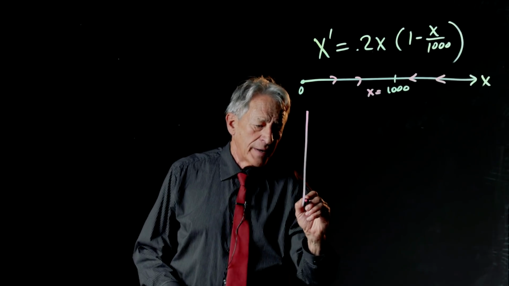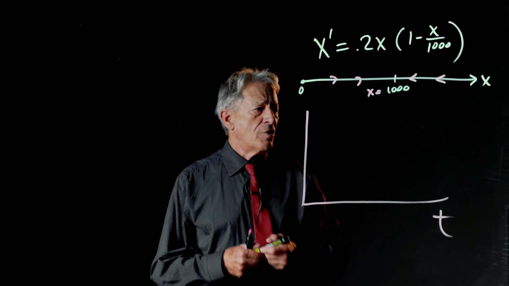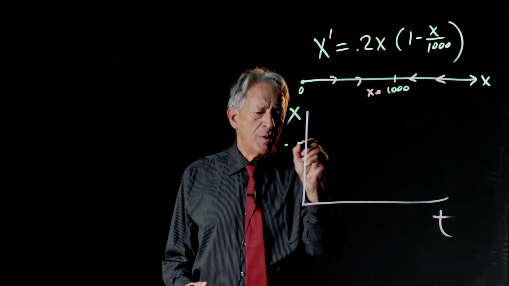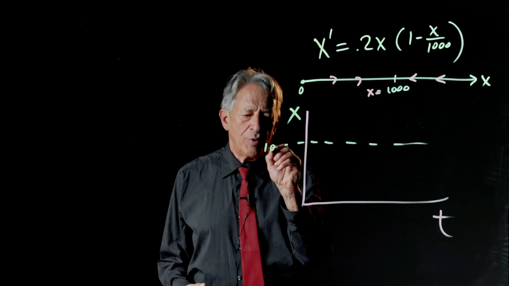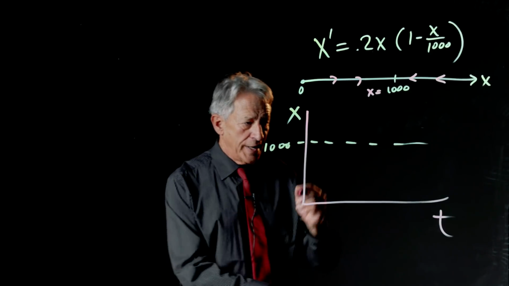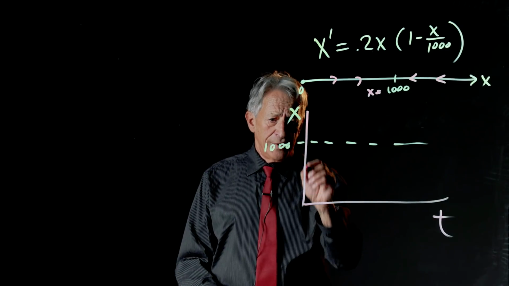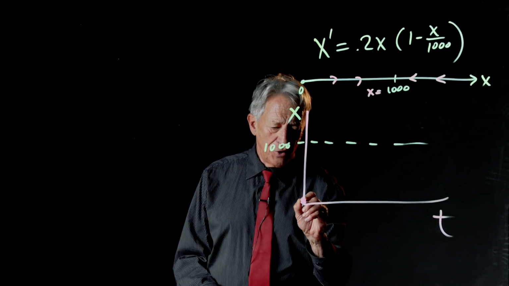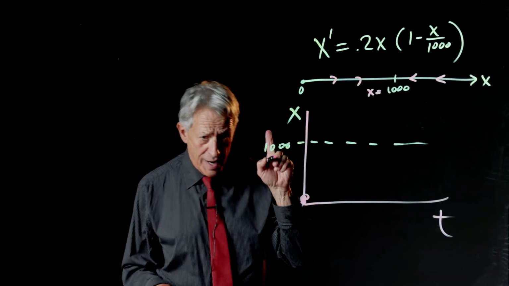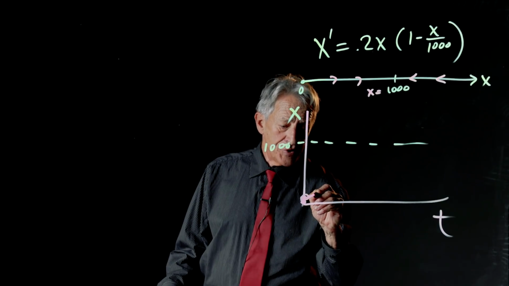What does it look like as a function of time? So if I write here is x as a function of time, and I'm just going to put the point x equals 1,000 right there, then what Sage will tell you, and it shouldn't surprise you by staring at the vector field, is that if we start any x initial below 1,000, not of course 0, but if we start with 1 rabbit, let's say, then the number of rabbits is going to increase.